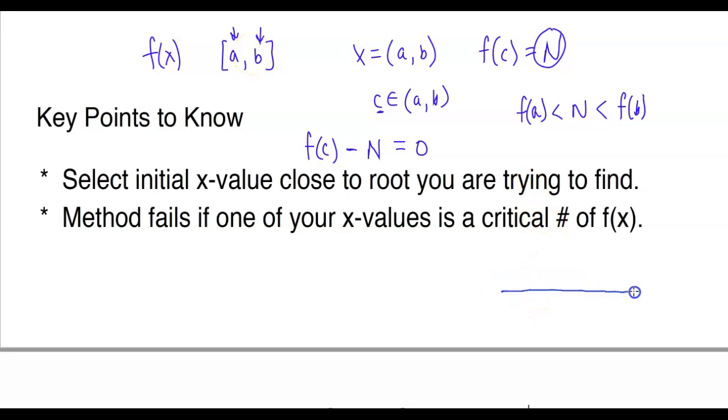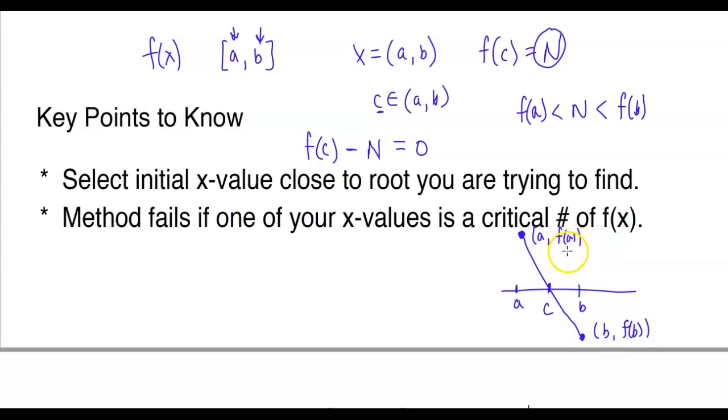Because if I have a sign change, let's say I have something that looks like this. This is the actual value c. If this is a and this is b, then of course this point and this point here, we'll have the point a, f of a. We'll have the point b, f of b here.